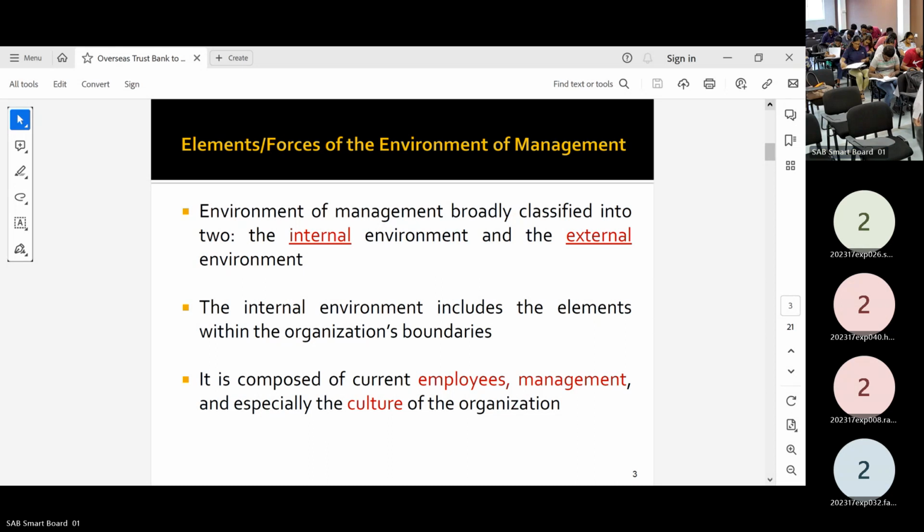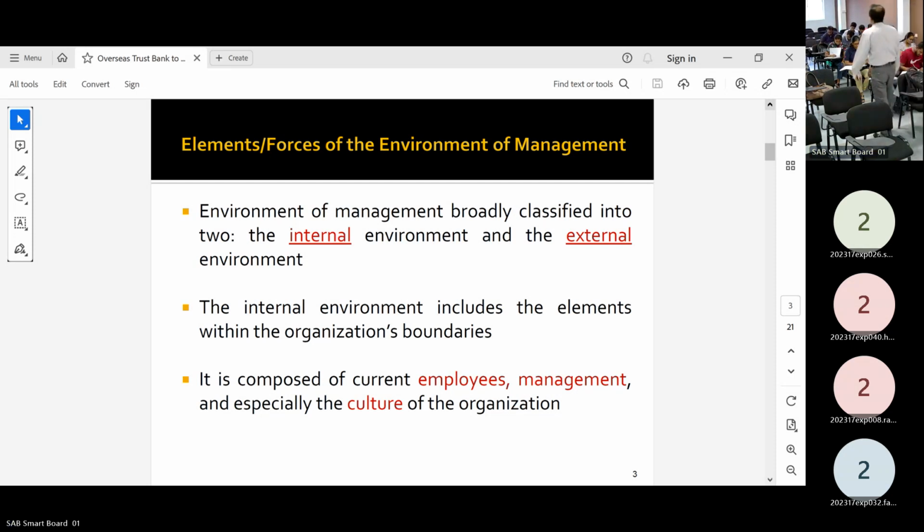You can use strokes or slashes for similar words: elements, forces, or factors, affecting or influencing.